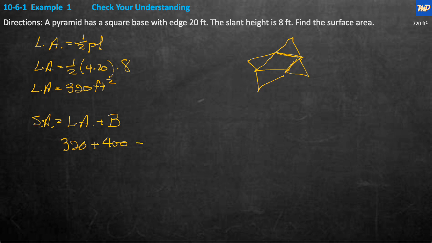And that together, the SA is going to be equal to 720. What? Feet squared. Okay, good.